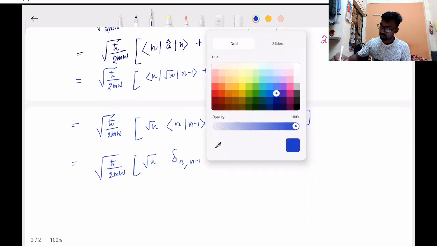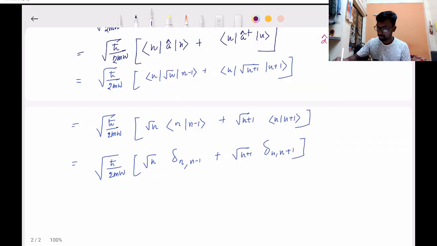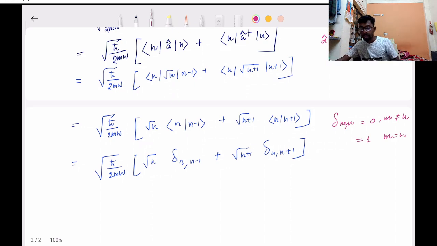Let me just refresh it. δ(m, n) equals 0 when m is not equal to n, and it equals 1 when m equals n. If two states are equal, we get 1, and if these two states are different, then it equals 0.